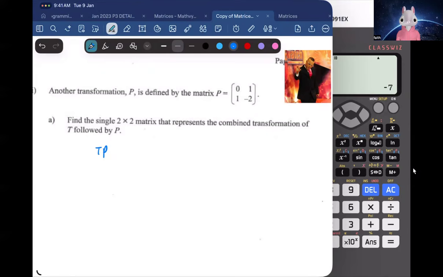No, sir, it'll be P by T, because it's always the second by the first.